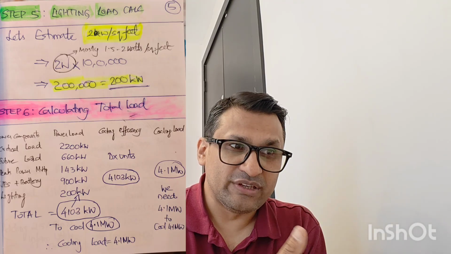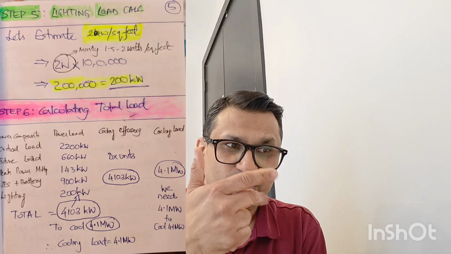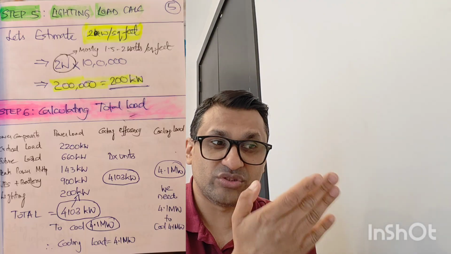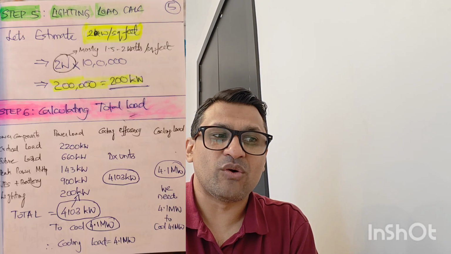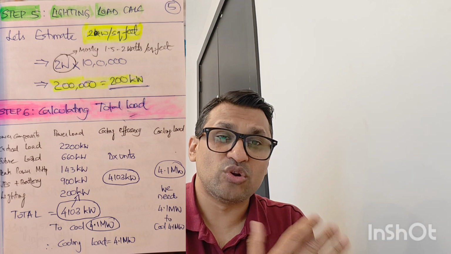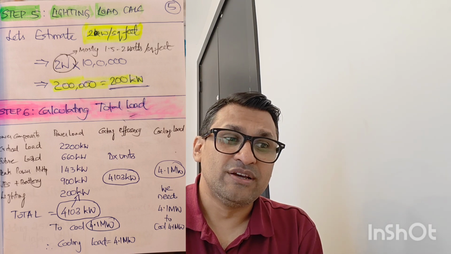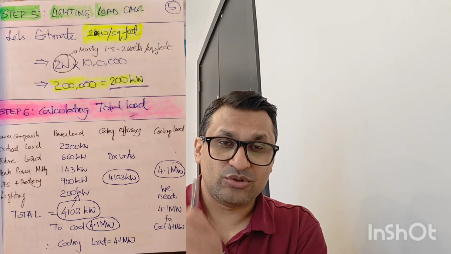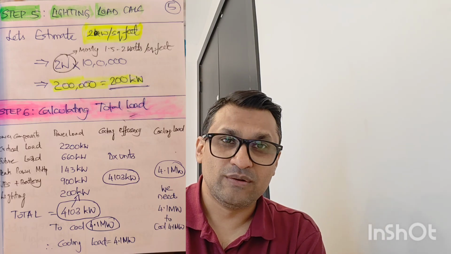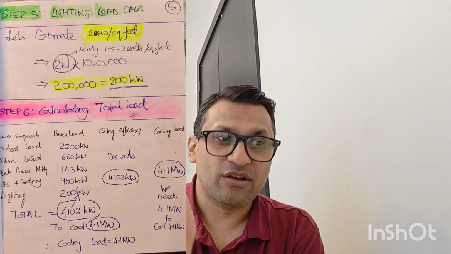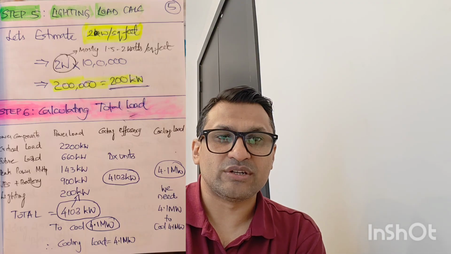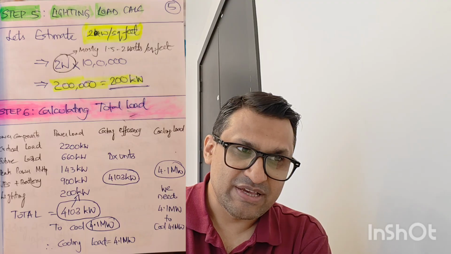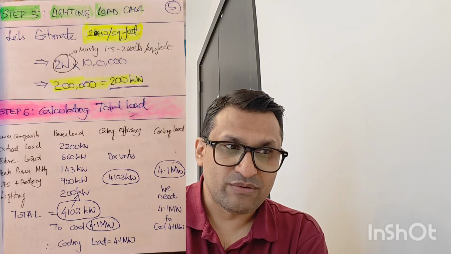So totaling all this, 2,200, 660, 143, 900, 200, you get 4103 kilowatt, 4.1 megawatt to cool. So that's the total load. That means you need to bring in cooling to that data center to cool what amount of load? 4.1 megawatt. So you need to cool the heat generated by the equipment, and that load is 4.1 megawatt.